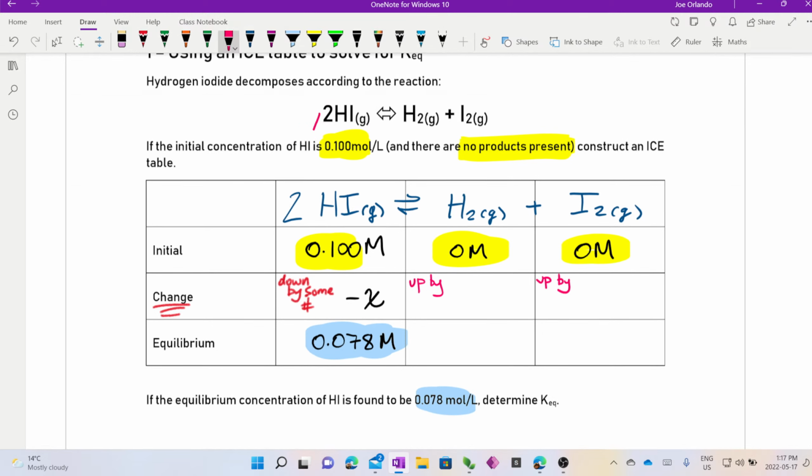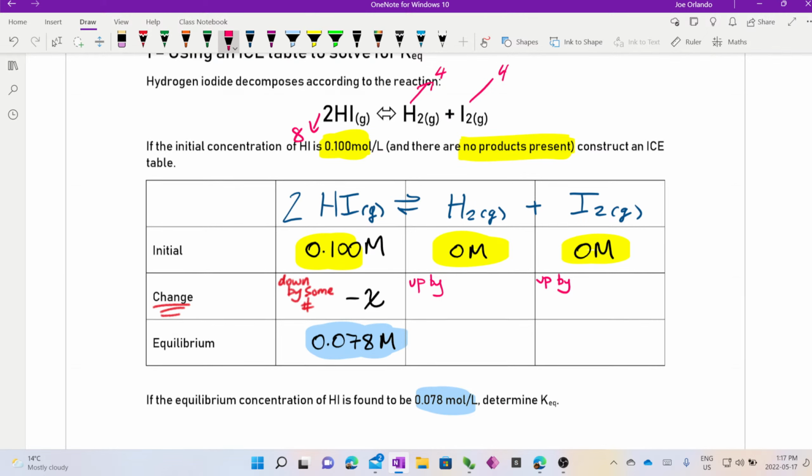If this went down by 20, how much would this go up by each? If this went down by 20, how much would that go up by? I know, but I'm just trying to get a principle here. I want to work with nice round numbers. This would go up by, and this would go up by.